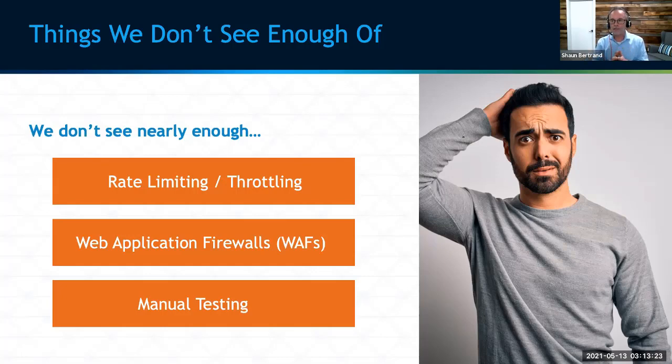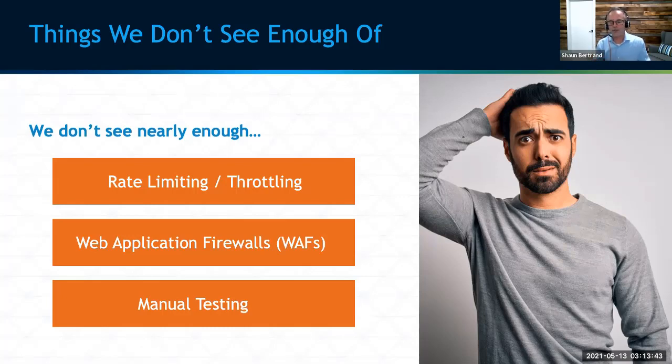A lot of this is possible with firewalls, web application firewalls, or load balancers, things of that nature. Yes, it takes a little bit of time to understand what normal rates look like, but it's not impossible. And we see that customers who implement this make our jobs very, very hard, which is the goal, right?